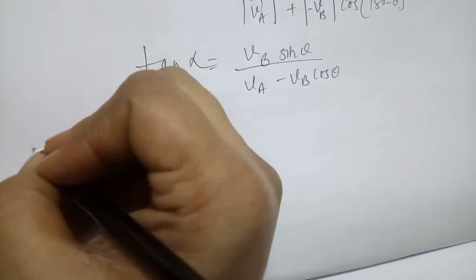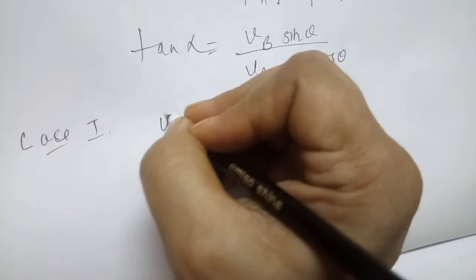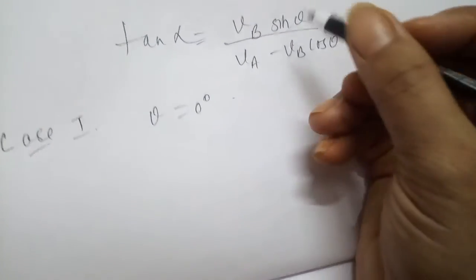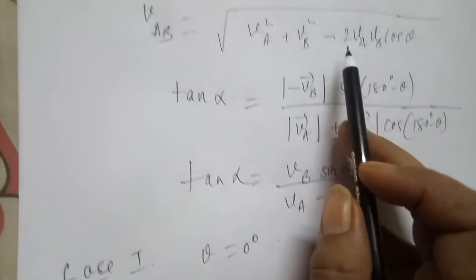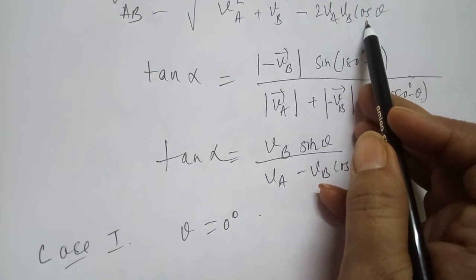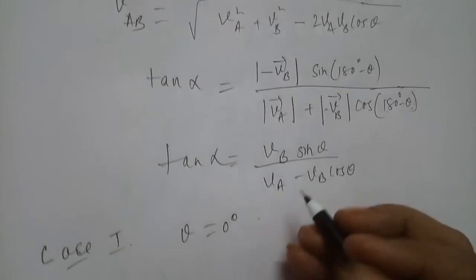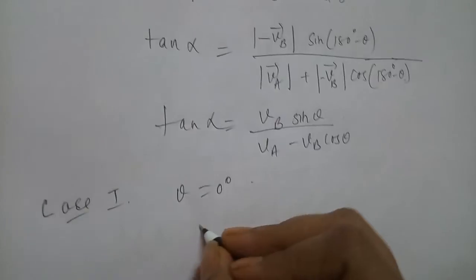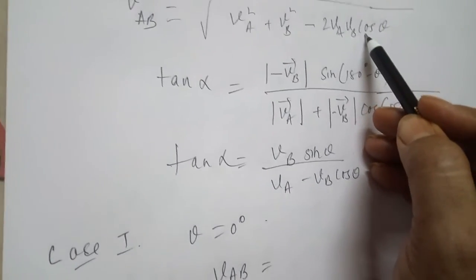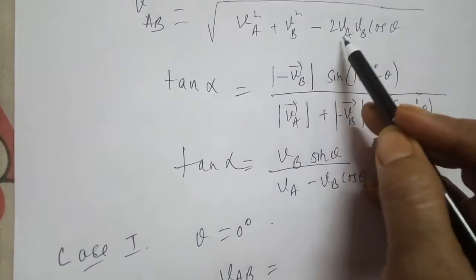We are dealing with special case 1. If theta is equal to 0 degrees, it means the two vectors are parallel to each other. So in this case, cos 0 degrees is 1. Let's substitute the value. So here VAB is v square a plus v square b minus 2 va vb.